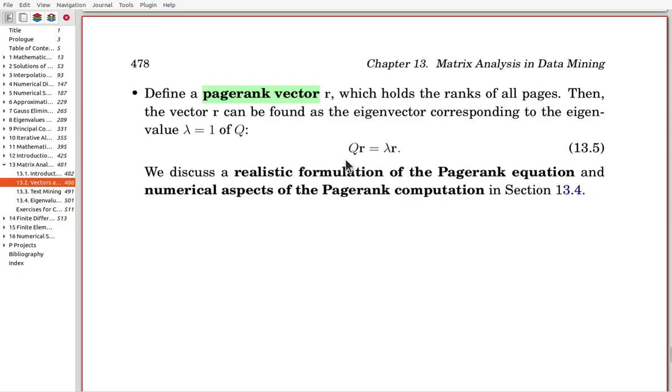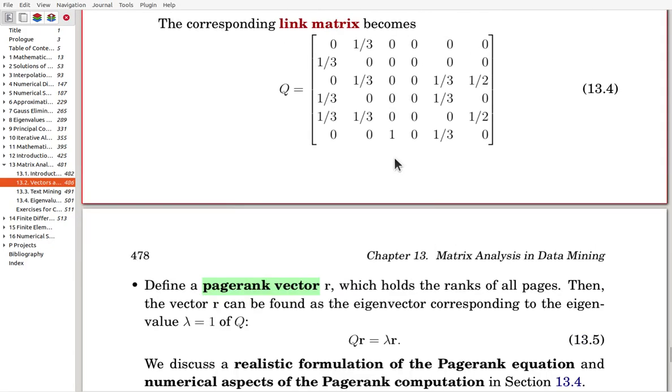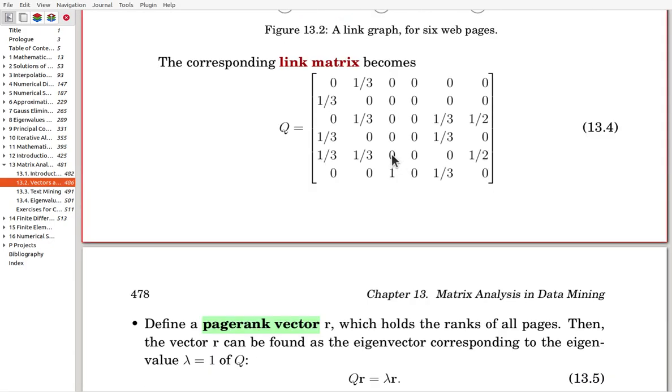Now, R will be an eigenvector of this link matrix, but in fact, for such a matrix, there's no guarantee of the eigenvalue 1, and possibly such Q may not have eigenvalue 1. Or even though it has eigenvalue 1, the question is whether the eigenvector is unique.